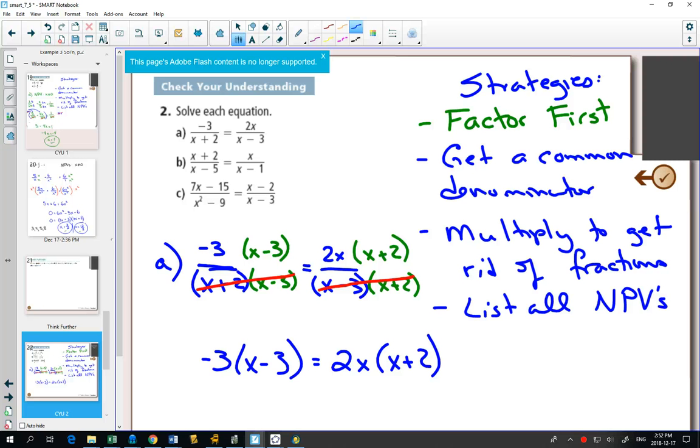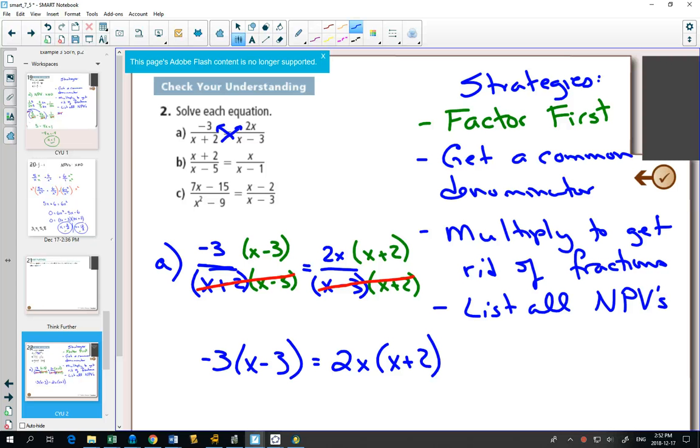And for this reason, there is a strategy that sometimes is taught for a question like this. When a fraction is equal to a fraction, what has happened? Do you notice that this x minus 3 went up and multiplied by that negative 3? And the x plus 2 went to the other side and multiplied by the 2x.